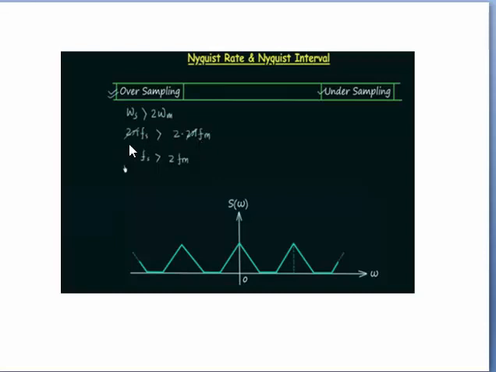Here we get 2πfs greater than 2 into 2πfm. The 2π will cancel out, so we finally get fs greater than 2fm. So this condition is allowed, there will be no overlapping, and this is the case of oversampling.